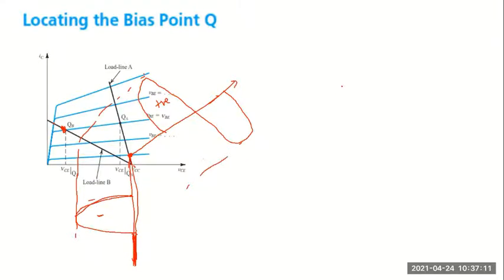You will observe output waveforms which have only negative peaks or negative half cycles. This is when the Q point is close to cutoff. So when Q point is close to or at cutoff, one half cycle or negative half cycle of input is removed, or positive half cycle of output.